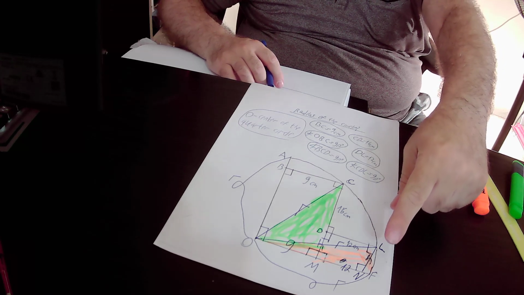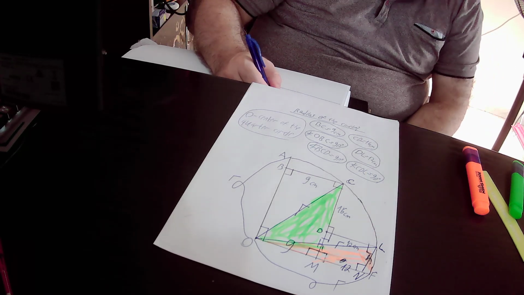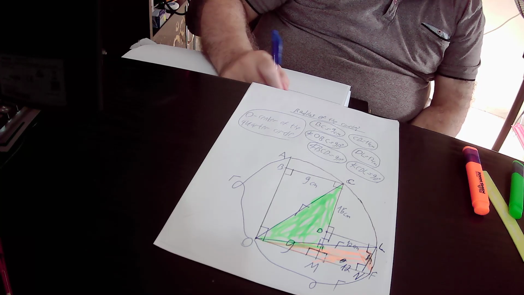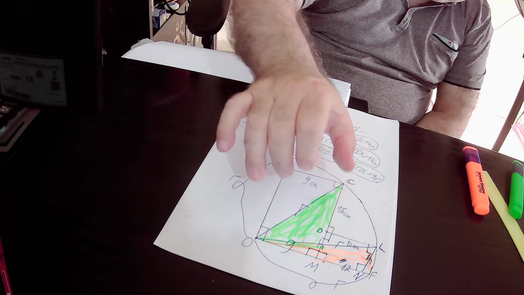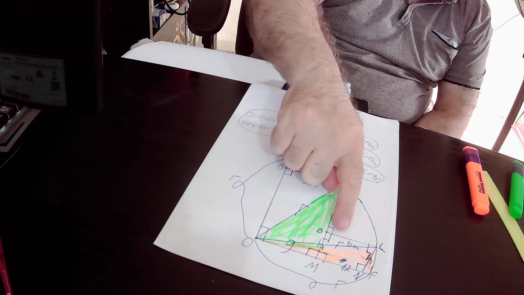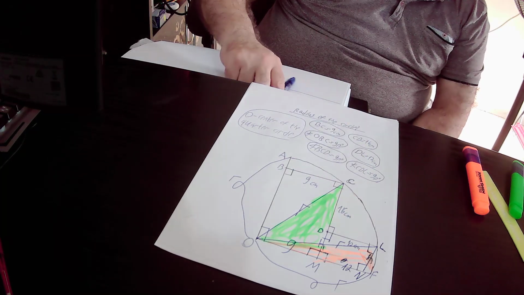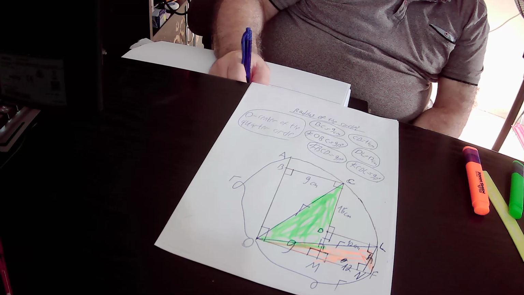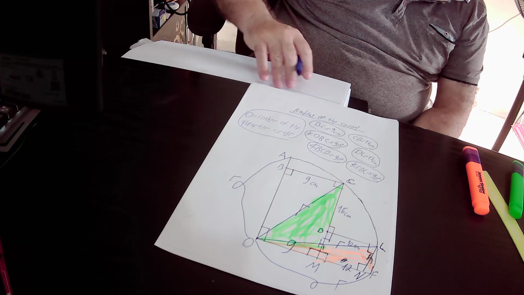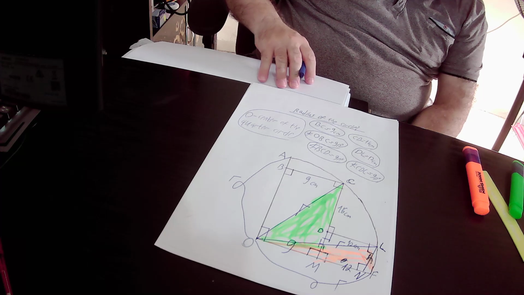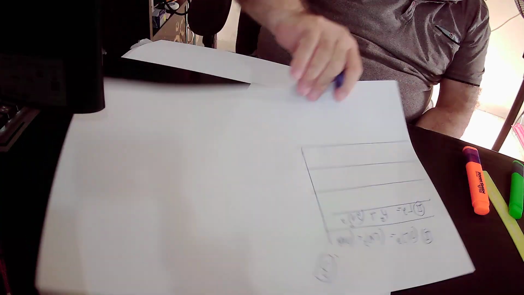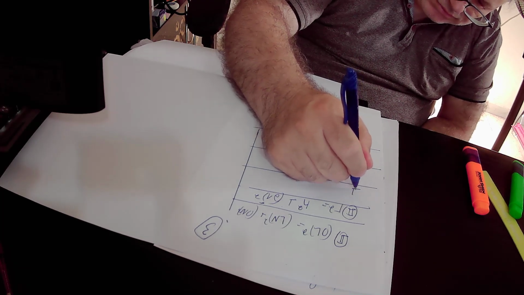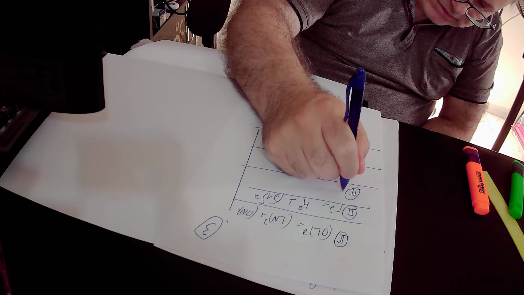Here LN is equal to H, so LN square is H square, plus ON square. ON equals 9 plus 12, that is 21, therefore ON square will be equal to 21 square. So according to equation number 2, we found that R square equals H square plus 21 square. 21 square is 441, so I write it down.